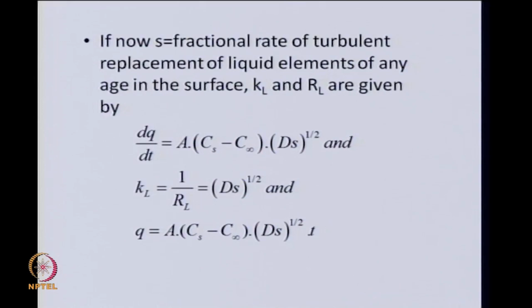Once again you find that Kl is proportional to square root of diffusivity, but S has to be estimated in some way. And if you integrate this, you get the last equation, Q for amount absorbed, which is Q equal to A delta C root of DS into T.